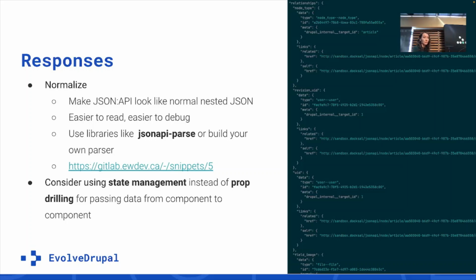Another thing that you should also consider is that for the front end, there are different ways you would want to propagate your data from your top level component all the way to your deepest component. Instead, you could do state management, and there are a lot of options out there. If you're using Vue.js, you have Vuex, and if you're using React, you obviously have built-in state management already.